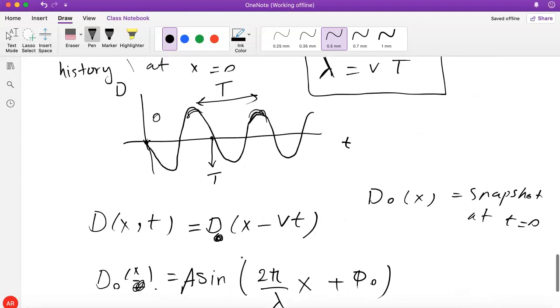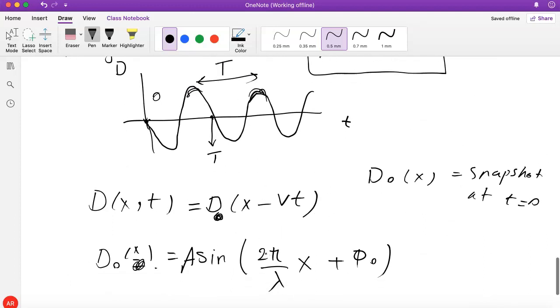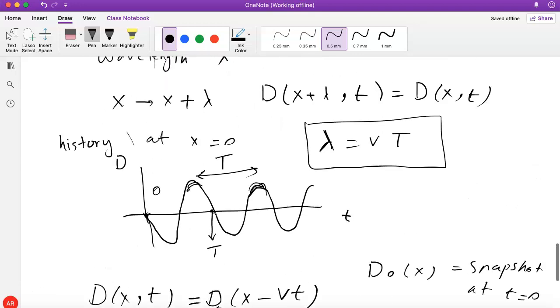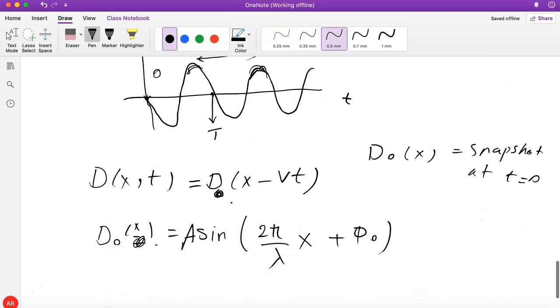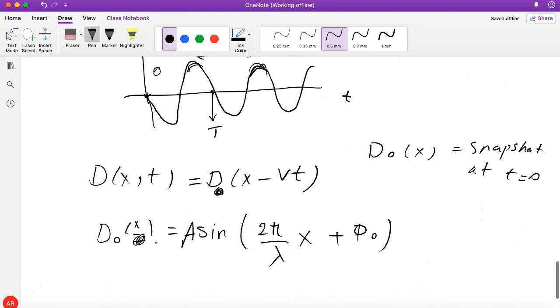And then again, in the same way that by writing omega as 2 pi over T, we ensure that when you add a time, capital T, to your time, you get a phase shift of 2 pi and you reproduce the same thing. Here also, if I add lambda to my x, I add a phase shift of 2 pi and I get the same thing.